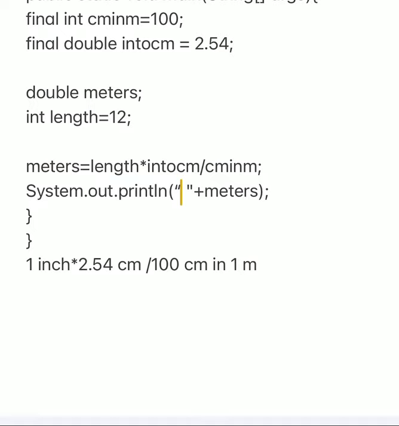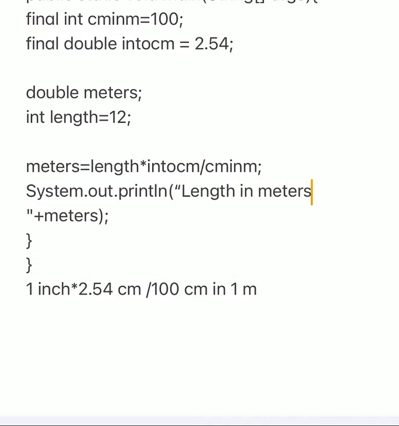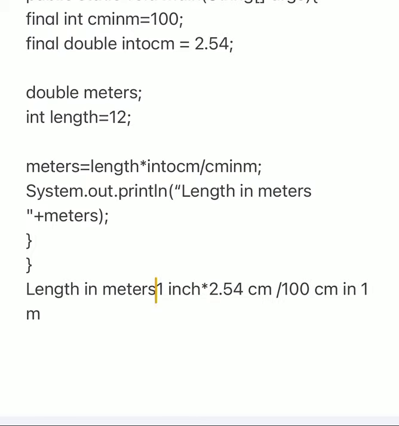You can go back and check that out, but we'll just say length in meters, so it would print out length in meters, and then it would do this calculation, and it follows normal order of operations. So it'd be 12 times 2.54 divided by 100. Then you could add units afterwards, but we're just going to have it print out whatever that number was.